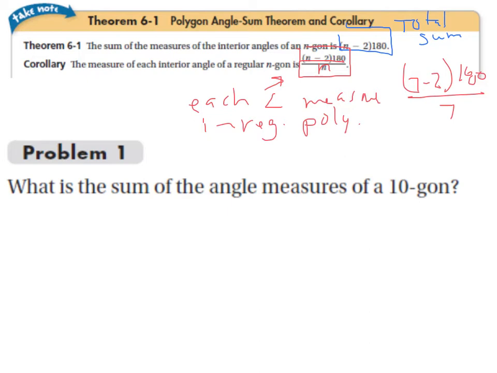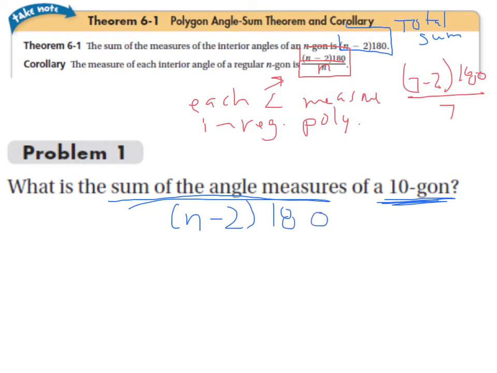So my first problem: what is the sum of the angle measures in a decagon? It doesn't say anything about regular. If it never says anything about a regular polygon, because it's just asking for the sum of the angle measures, this is the equation that I'm always going to use. My n is equal to the number of sides.